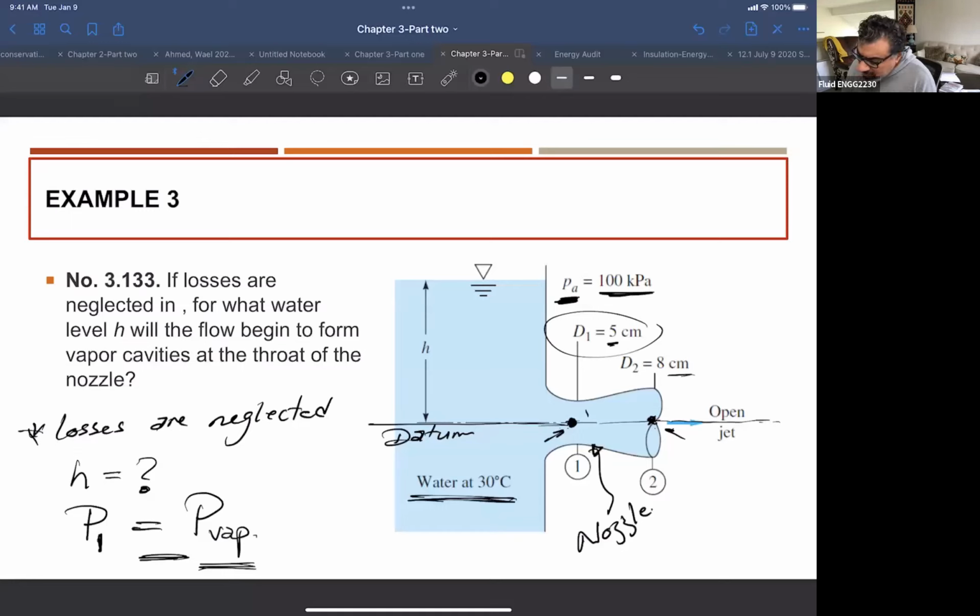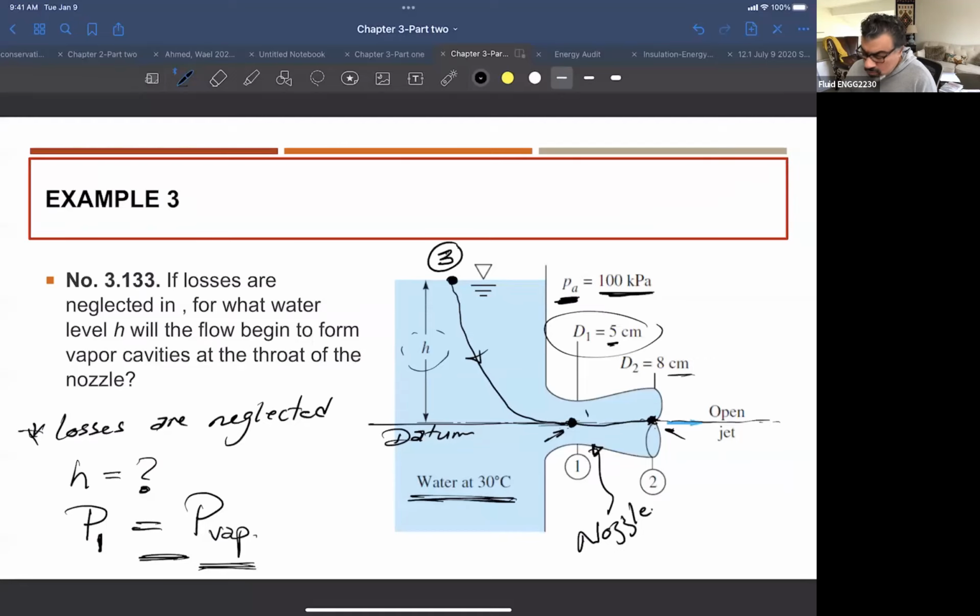So now I need to find H, right? Can I put this point here? This is point 3. And I can say Bernoulli equation between point 3 and point 2. Of course I can. Point 3 is at the water level of the tank, and the Z here is basically H. The pressure here is atmospheric.